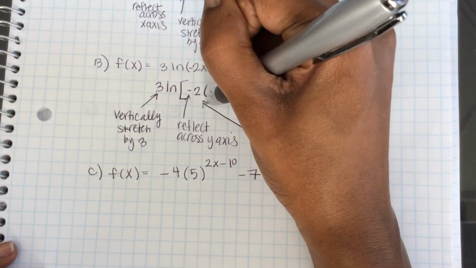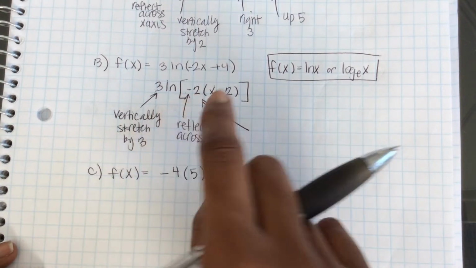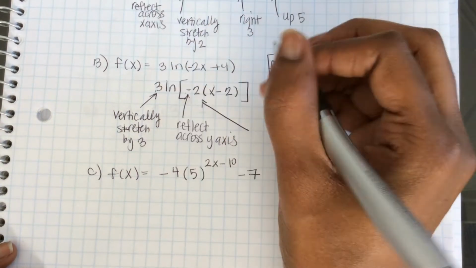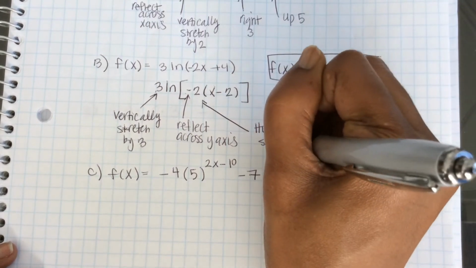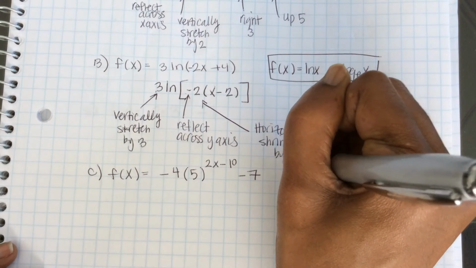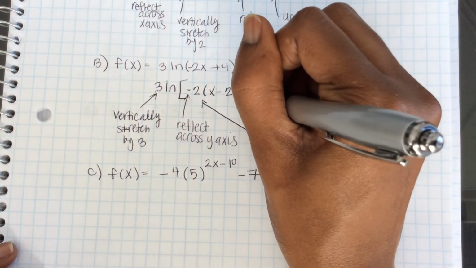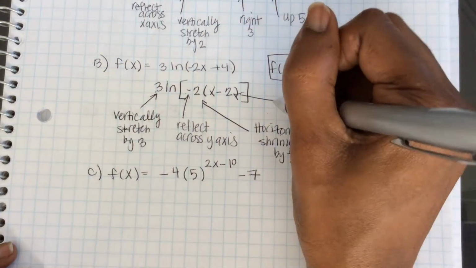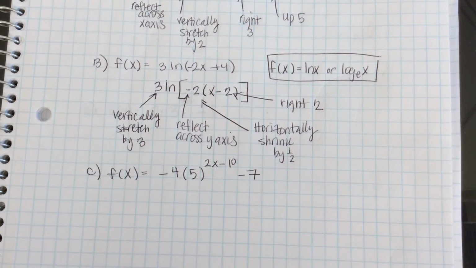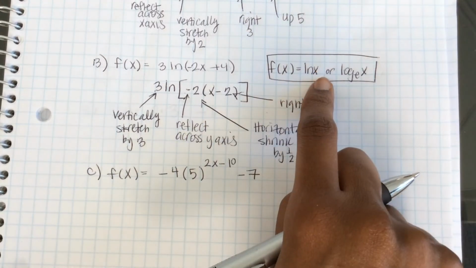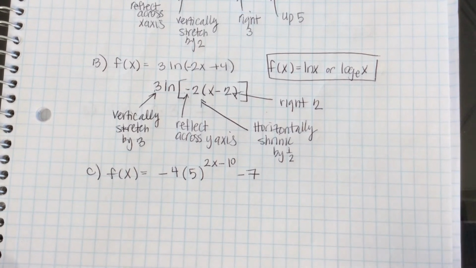This 2 in front of my x, remember that we're going to look at its reciprocal, so it's 1/2, so it horizontally shrinks by 1/2, the reciprocal of 2. And then this subtracting 2 is going to shift it right 2 units. So looking at any function, knowing the parent function, you should be able to identify the transformations.